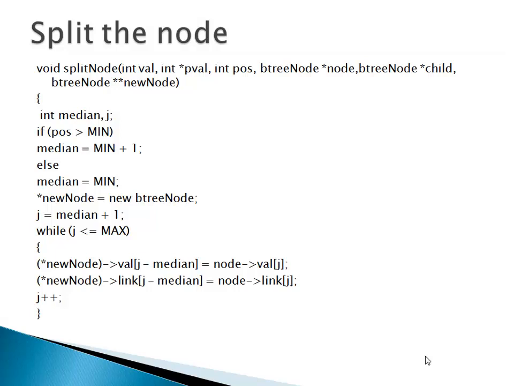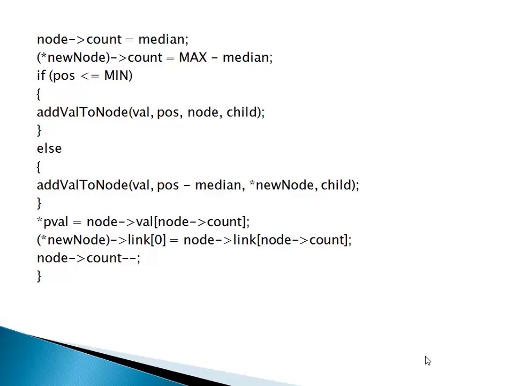So first create a new node equal to B-tree node, j equal to median plus 1, while j is less than or equal to max. Here we are moving the values from the existing node to the new node. So new node of value j minus median equal to value of j. So moving from the node to the new node, and node of count is equal to median.